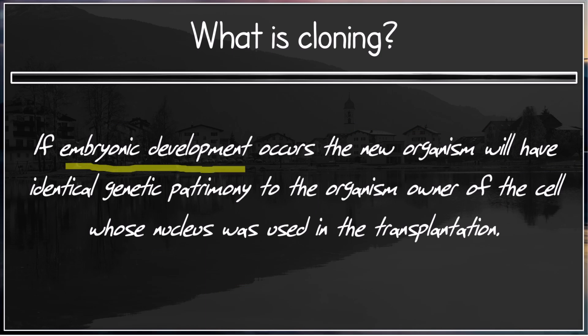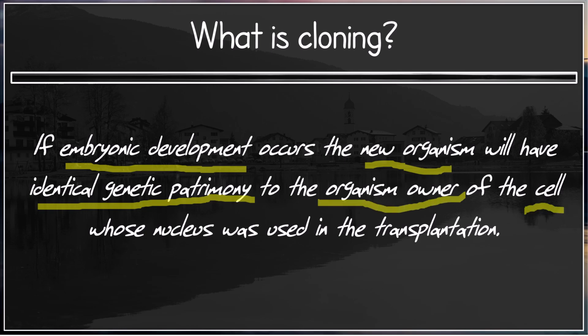If embryonic development occurs, the new organism will have identical genetic patrimony to the organism owner of the cell, whose nucleus was used in the transplantation.